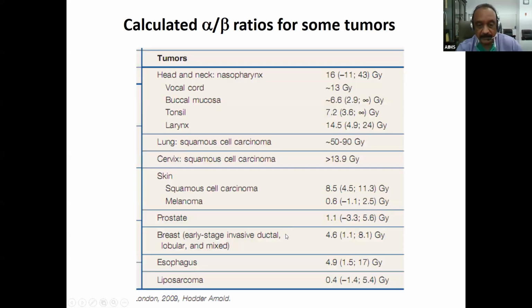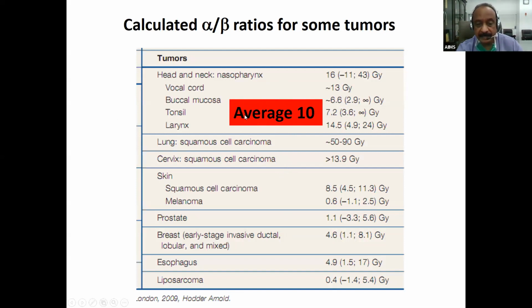We have also estimated alpha beta ratio of most of the malignant tumors. Malignant tumors behave like an early reacting tissue. They have high alpha beta ratio, though it varies from one cancer to another cancer.